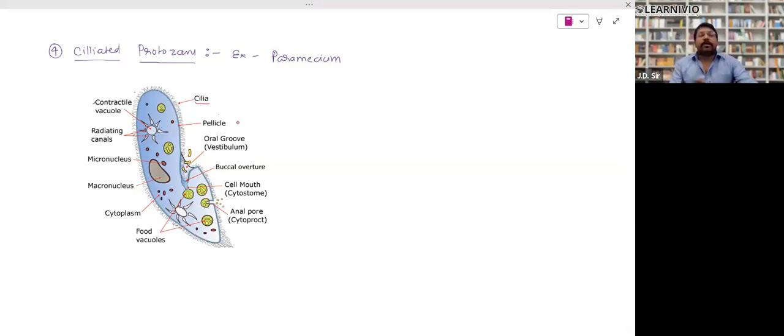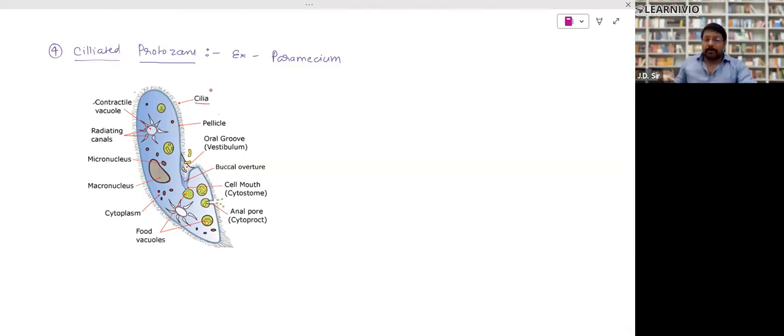Cilia, right? Cilia are small hair-like structures. They are numerous. Flagella we have already discussed multiple times. The number of flagella can be 1 to 4, but the number of cilia can be numerous, right? And what is their function? There are two functions.